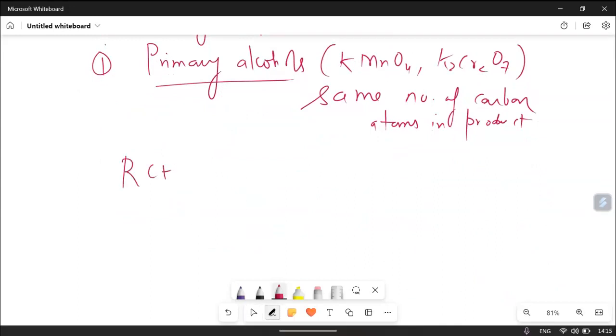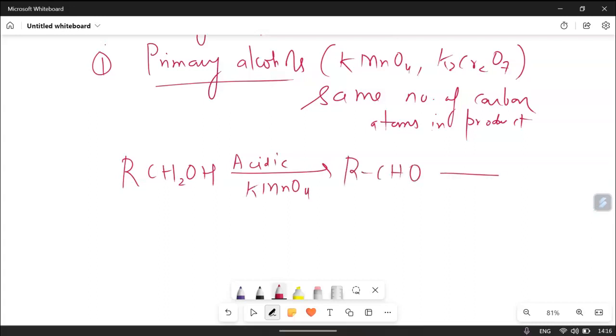Suppose you have RCH2OH treated with acidic KMnO4. The water molecule will be removed and RCHO will be formed, and further oxidation will give RCOOH. So this is the same number.